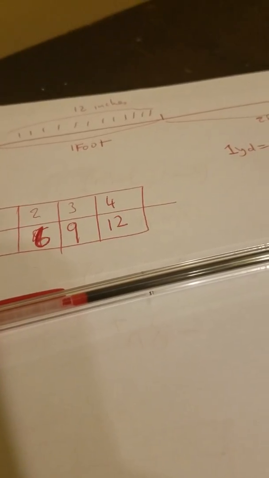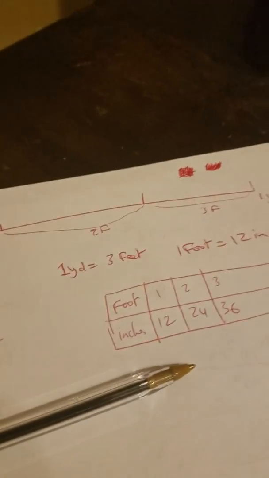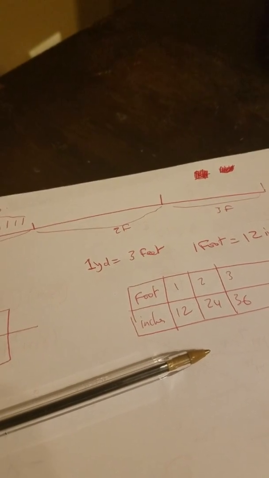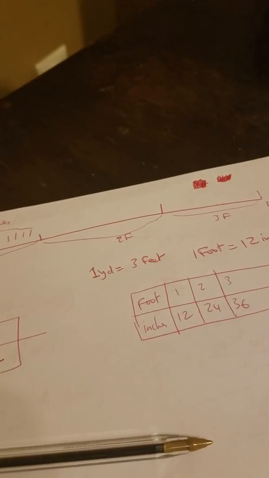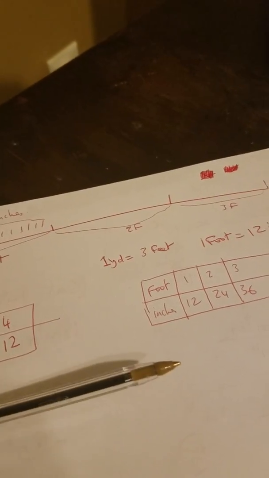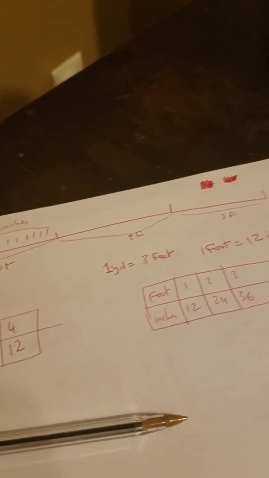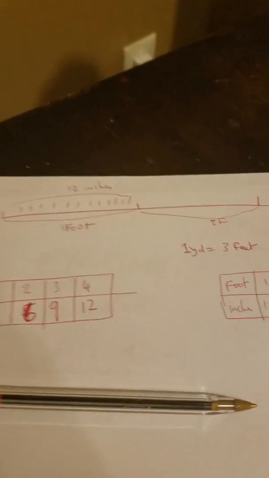We've been going through this for about a week now. 1 yard equals 3 feet, 1 foot equals 12 inches. So I can go back and forth between the measurements.